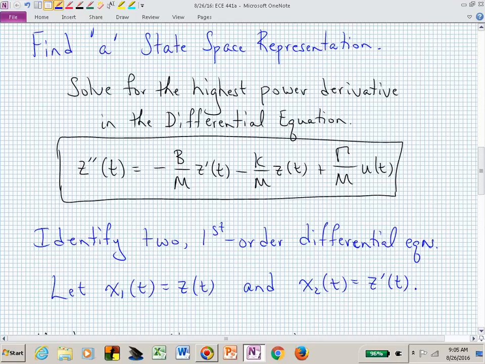I don't need to define an x sub 3 equal to z double prime, because I don't have the third derivative of z anywhere in my equations. So you just start at the bottom and work your way forward until you obtain a state variable with which, when differentiated, gives you the highest power derivative in your equations.